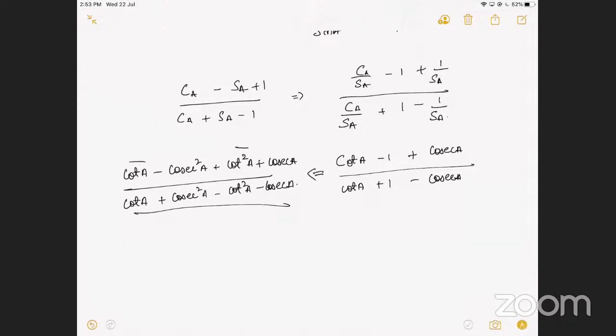Okay, from these two terms you have taken cot A, minus bracket cosec square A minus cot square A bracket close, plus cosec A upon cot A plus cosec square A minus cot square A plus cosec A. So if you're taking cot A from these two terms, it will be 1 plus cot A, right? And if you take cosec A common, it will be 1 minus cosec A.